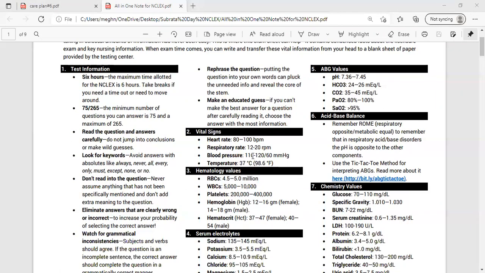Blood pressure systolic 110 to 120 millimeters of mercury, diastolic 60 millimeters of mercury. It is an average. And temperature is normally 37 degrees Celsius. If you convert it to Fahrenheit, it would be 98.6 degrees Fahrenheit.